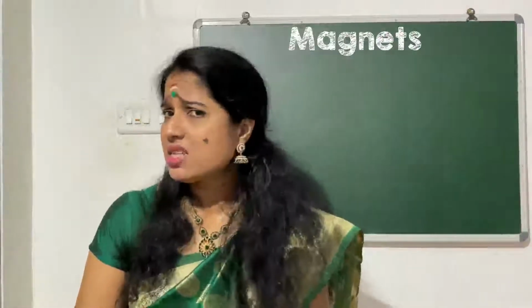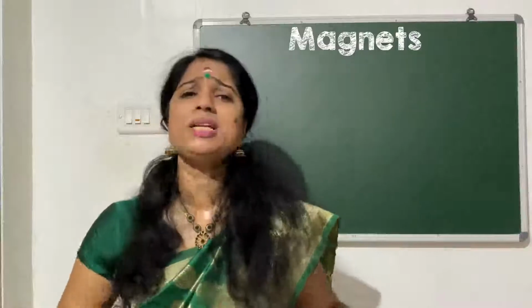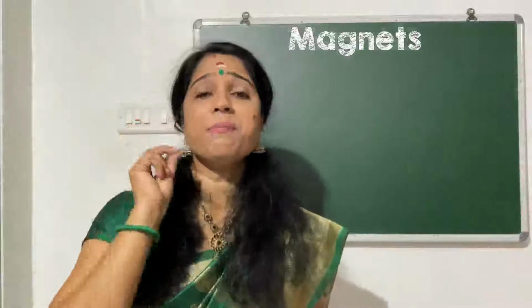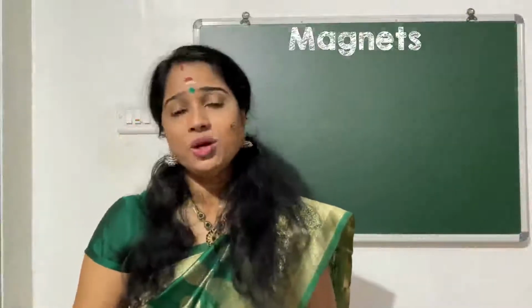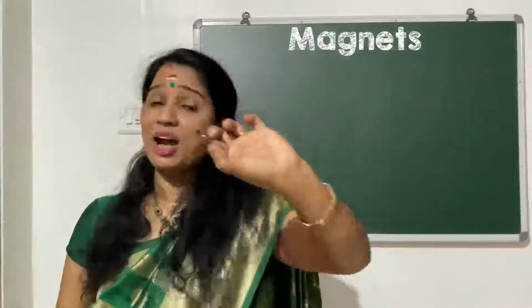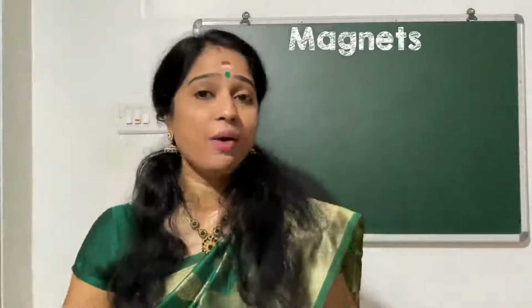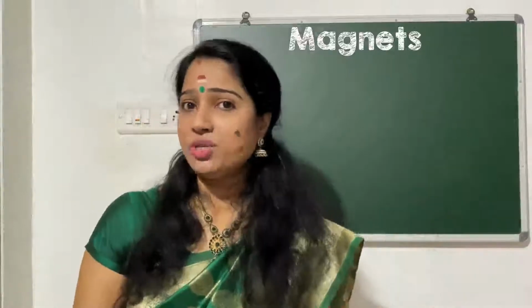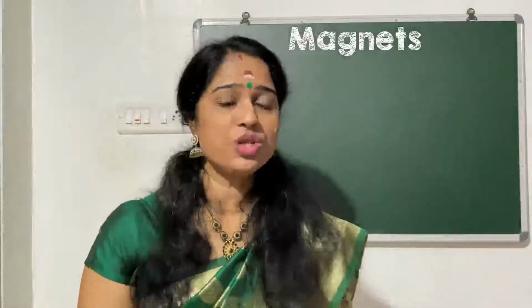When I say this, some of you may have a doubt in your mind. How did it happen? How will this iron object become a temporary magnet? You know that all objects have molecules. The previous chapter you had already studied about it.